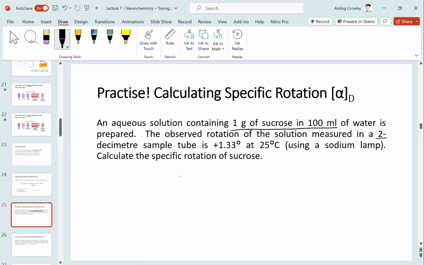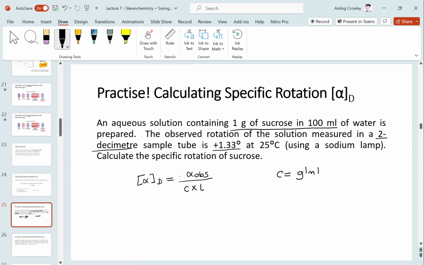I have it in a 2 decimeter tube, and I get an observed rotation of plus 1.33. I know that my specific rotation, alpha D, is equal to my observed rotation divided by my concentration times my length. I know my concentration must be in grams per mil.